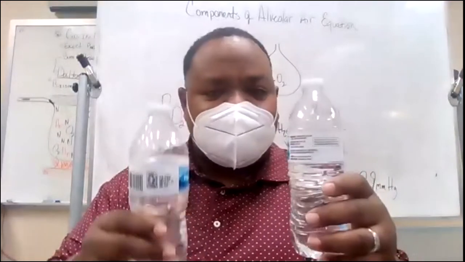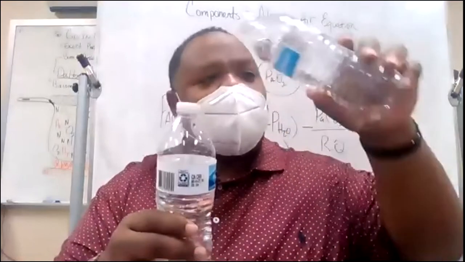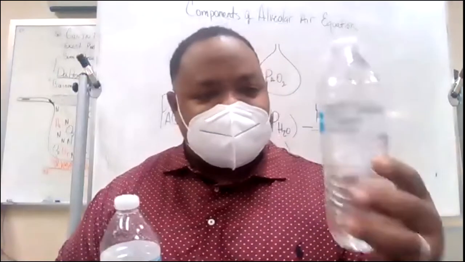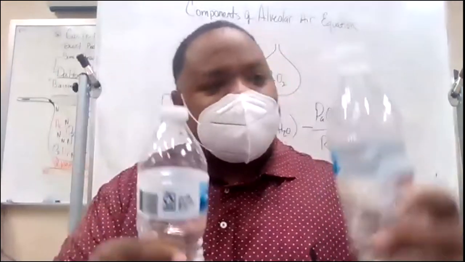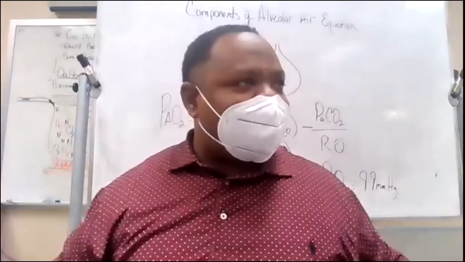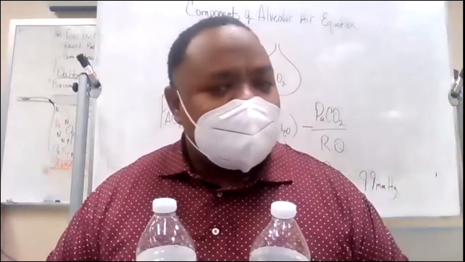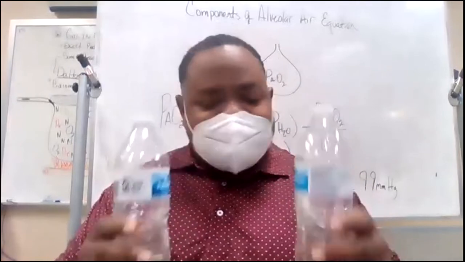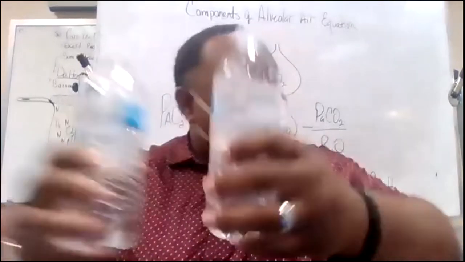If I got CO2 and oxygen, I cannot pour all of this into this bottle. Something's going to get displaced, right? So if this is CO2 and this is oxygen, if I pour all this CO2 in, the oxygen is going to go out, right? It's going to come out. Two things can't occupy the same space at the same time, all right? You either love it or you hate it, okay? So that's all that's saying is that the higher the PaCO2 is, the lower your oxygen will be because it's displacing it, okay?